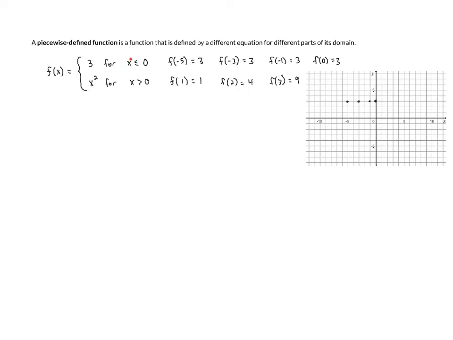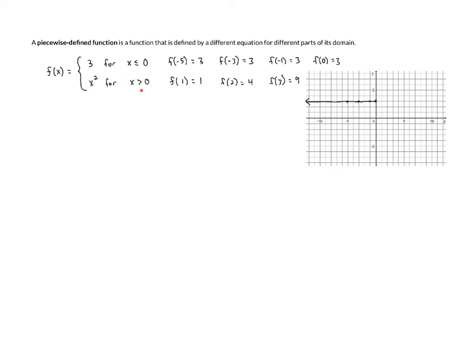If we look on this part of the domain, x is less than or equal to 0, we know that this is a constant function, and so we're going to end up with a horizontal ray pointing out to the left. But we can't continue this any further to the right because this is only the graph for x less than or equal to 0.